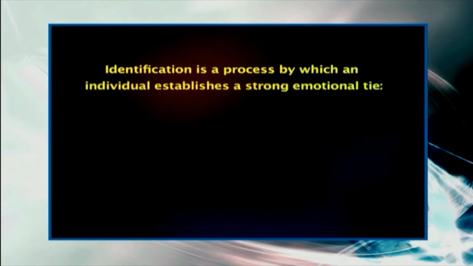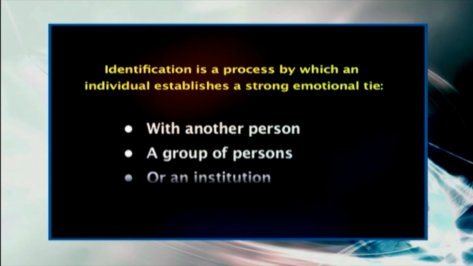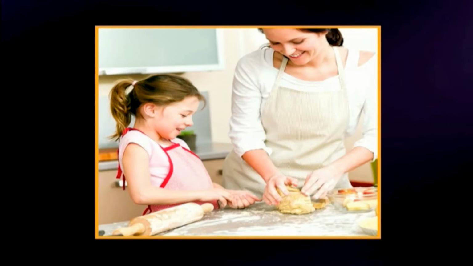Identification is a process by which an individual establishes a strong emotional tie with another person, a group of persons, or an institution. Through such ties, he achieves his satisfaction. He draws his strength from the strength of others. For example, infants identify themselves with their father or mother.